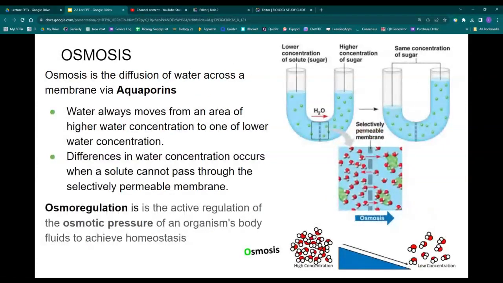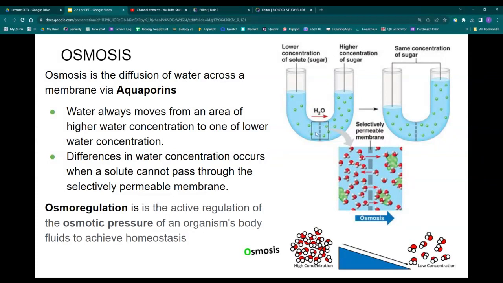Osmosis is another type of passive transport. Osmosis only deals with water. We're only focusing on water. So we're going to be talking about aquaporins. Water is always going to move from an area of greater water concentration to an area of lower water concentration. But that makes it seem like we're moving from an area of less concentration of solute to an area of higher concentration of solute.